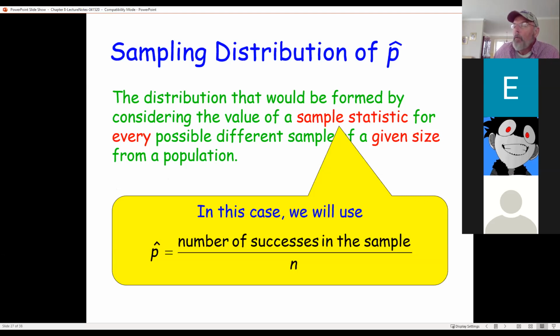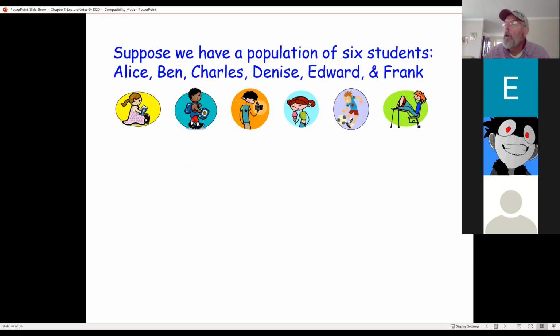So P hat is the number of successes that go along with the sample.